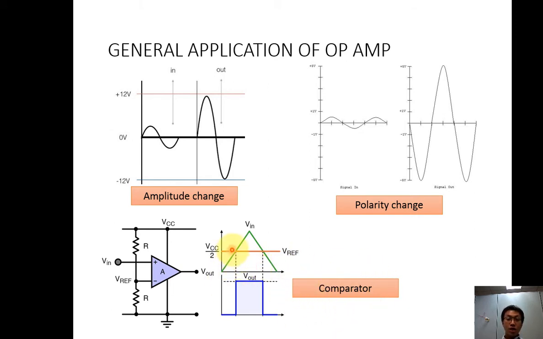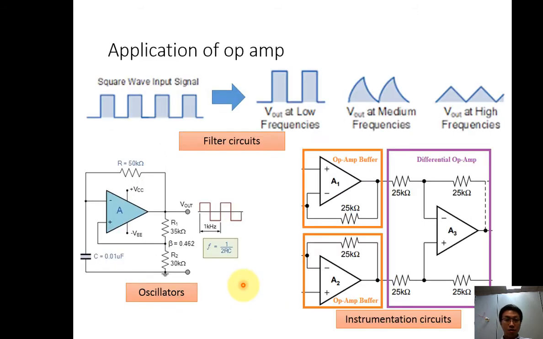This is the V reference, and this is the V input. Whenever the V reference is lower than the V input, the V output will become positive. Or whenever the V reference is bigger than the V in, the output may be negative or zero. It depends on how we connect the circuit.